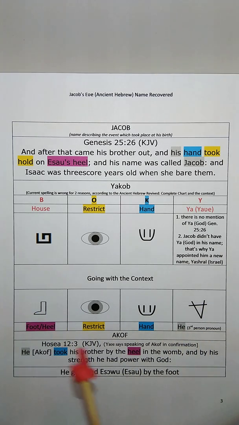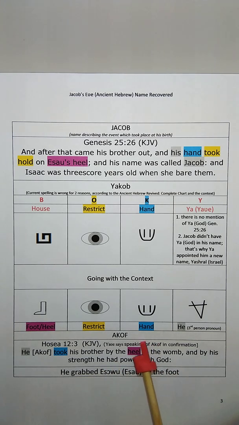Okay, Akov and Akof. All right, as in confirmation in Hosea chapter 12, verse 3 from the King James version, Yahweh himself says, speaking of Akov, quote, "He, Akov, took his brother by the heel in the womb, and by his strength he had power with Yahweh, with God."